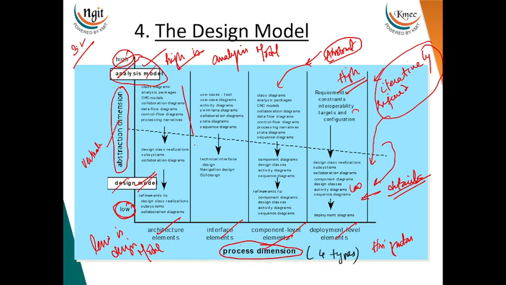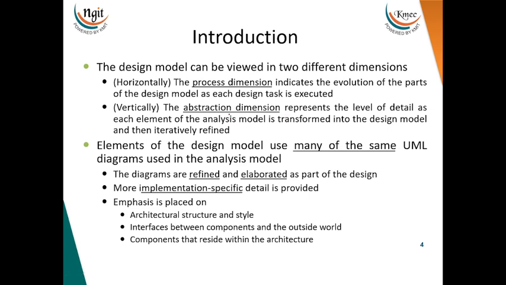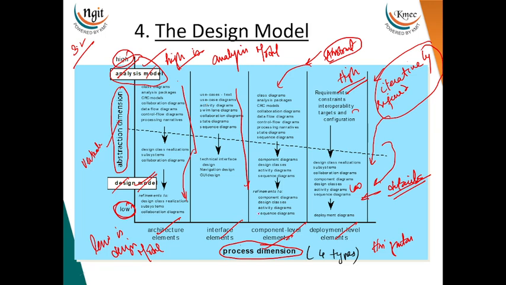Once I go down, if you see architecture, its abstraction is very high in the analyze model. If you go down the same way to the interface element, the abstraction in the analyze model is very high, whereas here it's very low. This is what the diagram says. The horizontal line is nothing but your process dimension, and your vertical line is your abstract dimension, which is already mentioned here, correct?